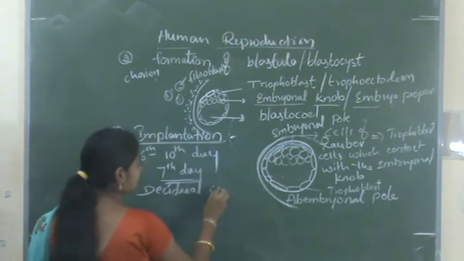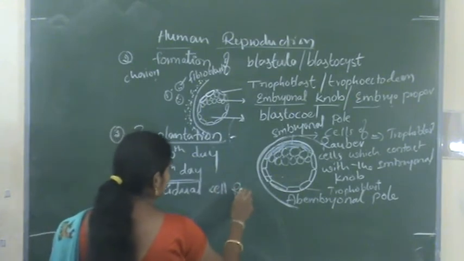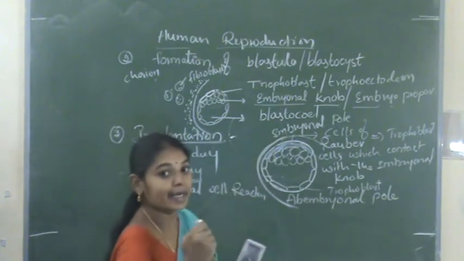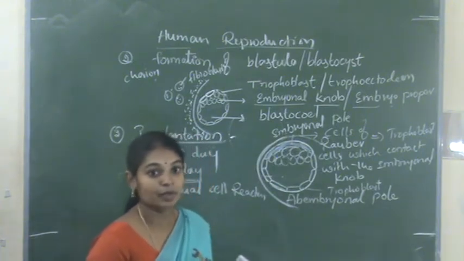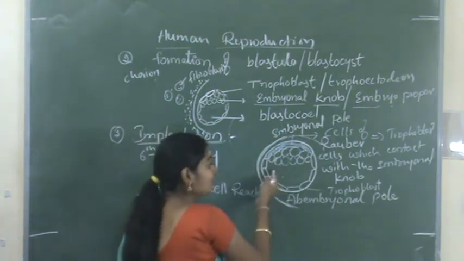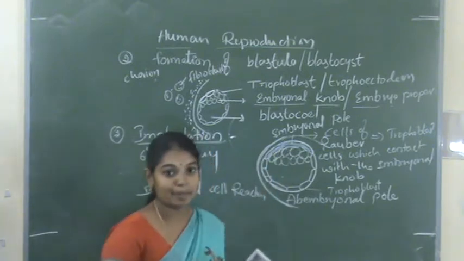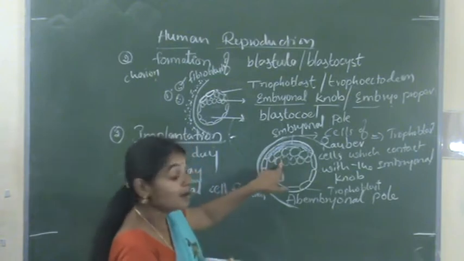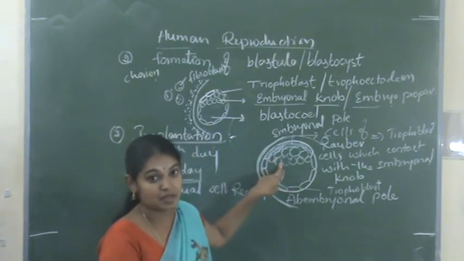Up to this stage, the corona radiata, an egg membrane, is already gone, and the other membrane, the zona pellucida, is still present in the blastocyst stage.